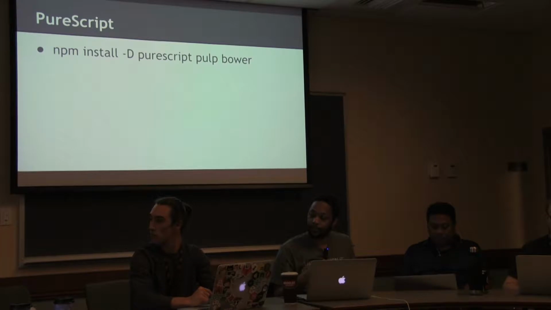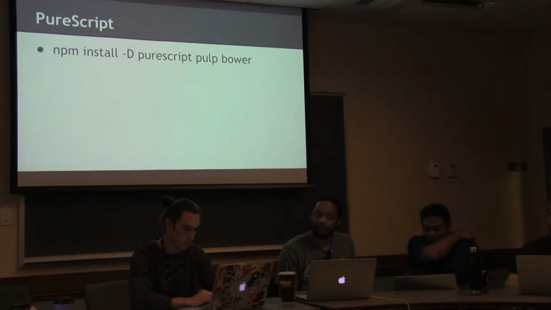NPM defaults to nested trees. But for PureScript, we don't want to be using different versions of the same dependency, because it won't work. The types won't line up. Exactly. So Bower has a flat dependency tree, and it forces you to resolve the version. It prompts you: one dependency needs this version, another needs that one, which one do you want to resolve to?